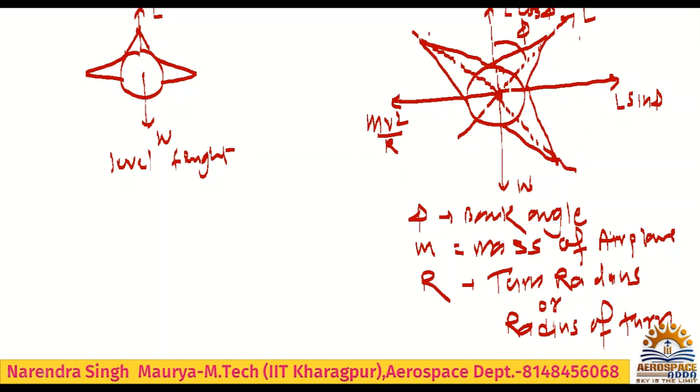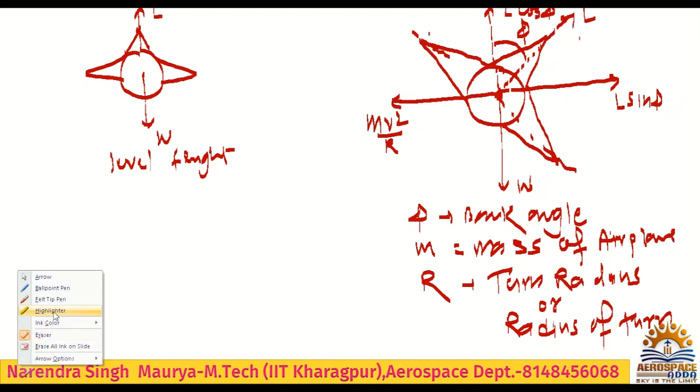L and W are as usual lift and weight. So this is for your understanding. I had drawn it; remember here phi was the banking angle you have taken from the vertical, no problem.